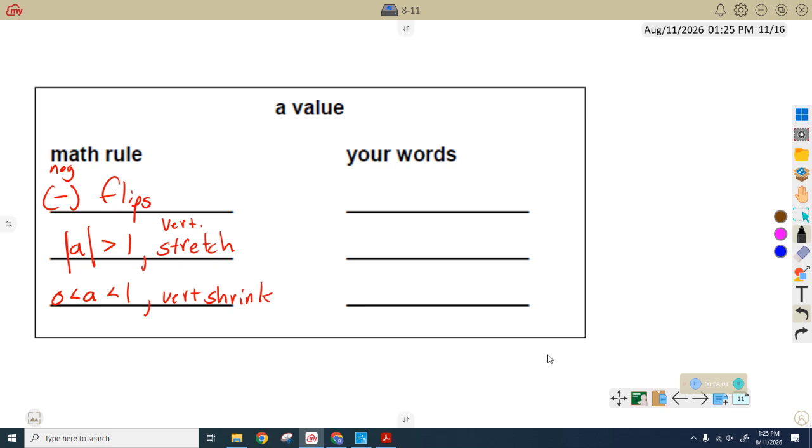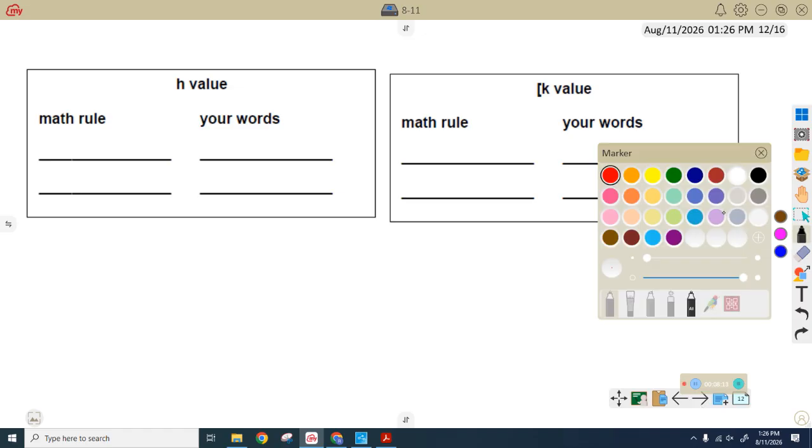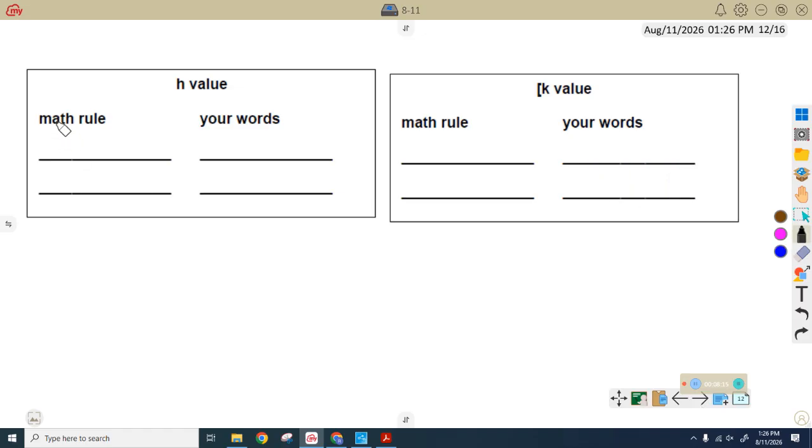Alright, I'm going to pause briefly with it. Alright, so our H value, if it's positive, now this is the opposite of as written, okay?